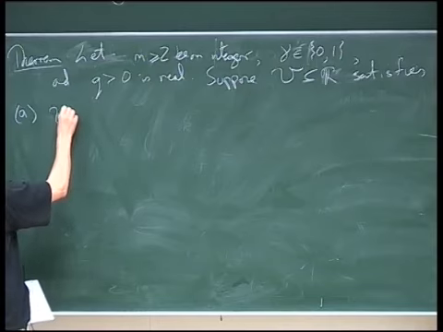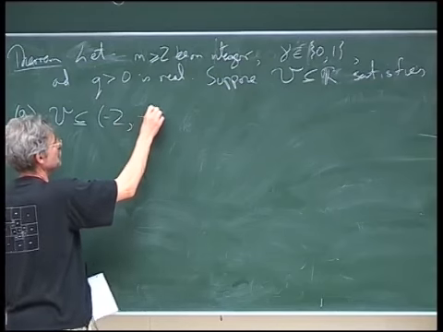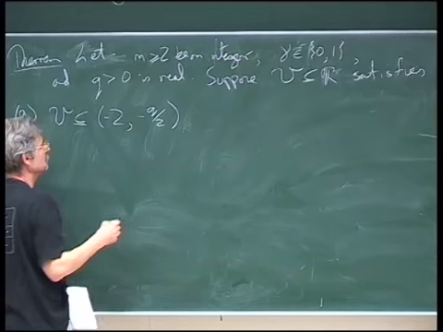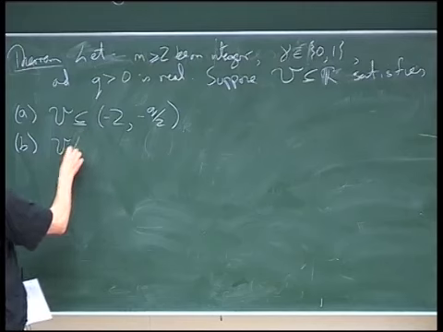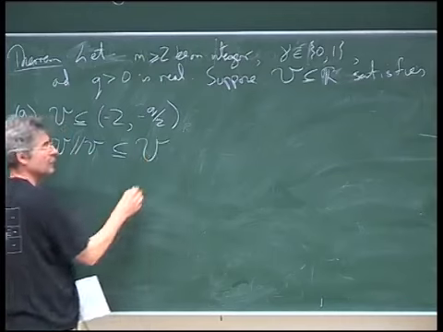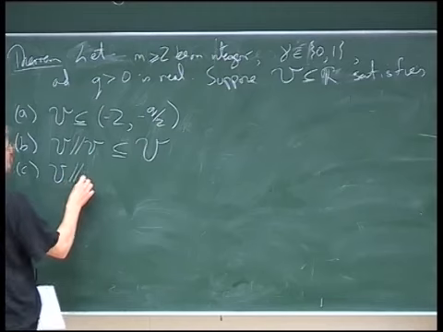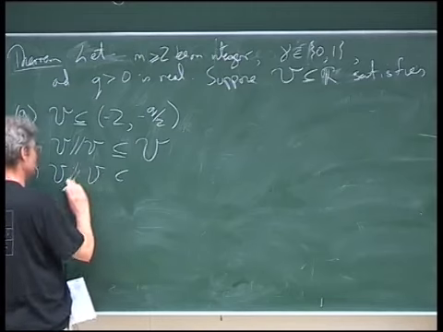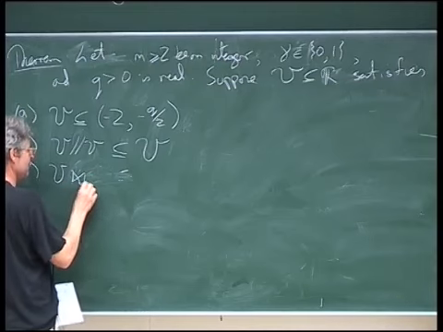The first thing is I want V to be contained in minus 2 minus q over 2. Second, I want V to be closed under parallel connection. And then I'd like V to be closed under series connection.